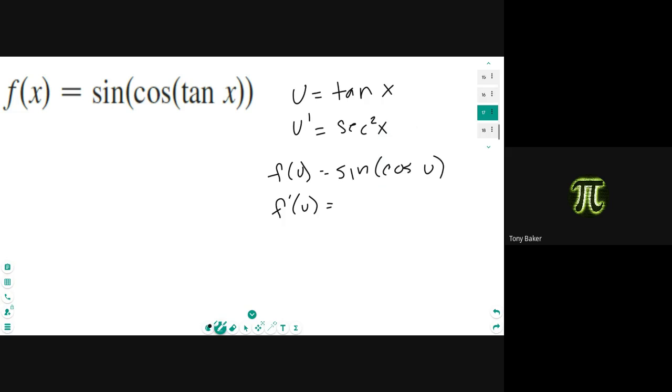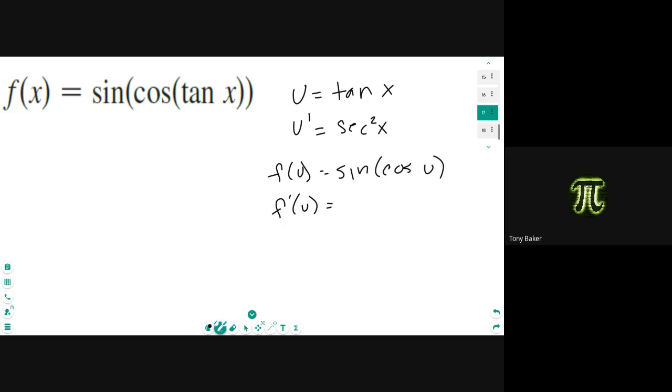So now we're like, okay, what do I do next? Where do I go from here? We kind of have to do another chain rule now, right? We'd have to do the chain rule with u or with another letter being cosine of u. So this would work, but it's going to be very messy.